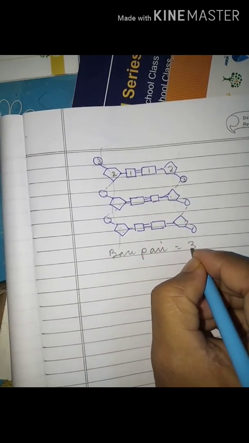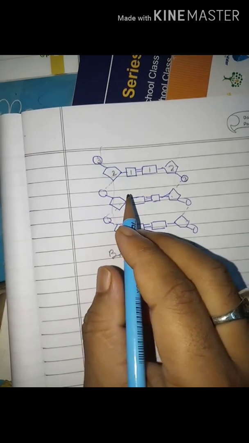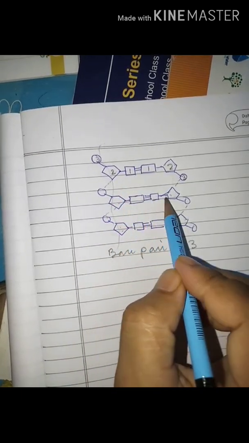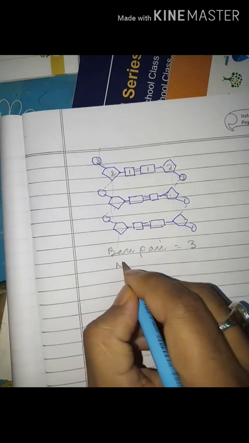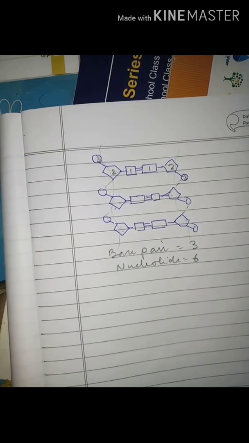So 1, 2, 3 base pairs are shown in this diagram. Second question, what is the number of nucleotides in that figure? So 1, 2, 3, 4, 5, 6. The number of nucleotides is 6. Clear?